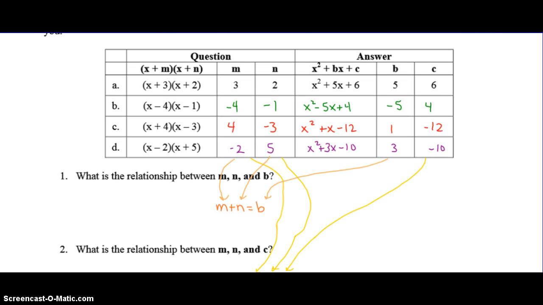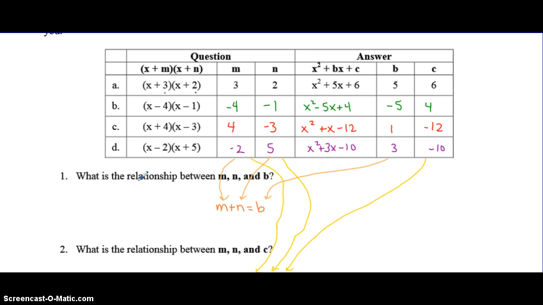Then you are asked to fill out this table. In the first section, you are asked to put both numbers from the question into the chart. So the value of m and the value of n are the two numbers in the brackets. Then you put the two numbers from the answer into the table: the linear term coefficient and the constant term coefficient.